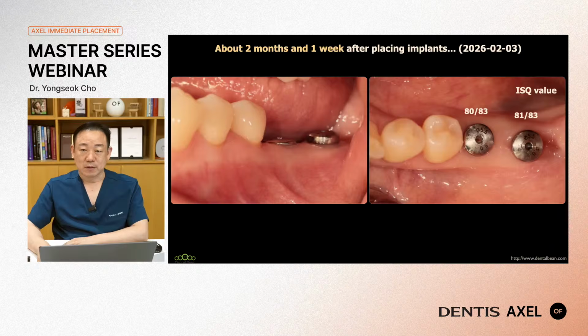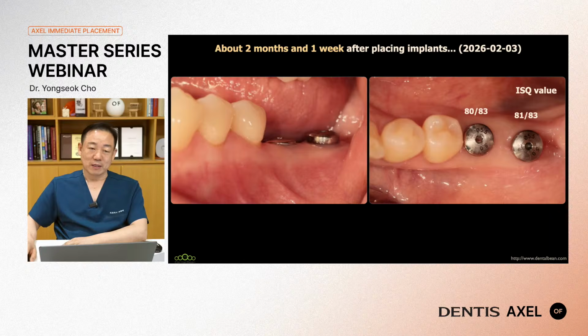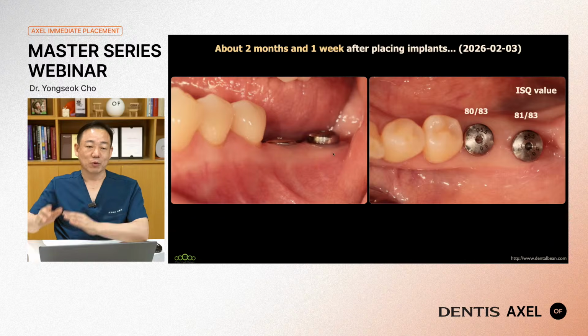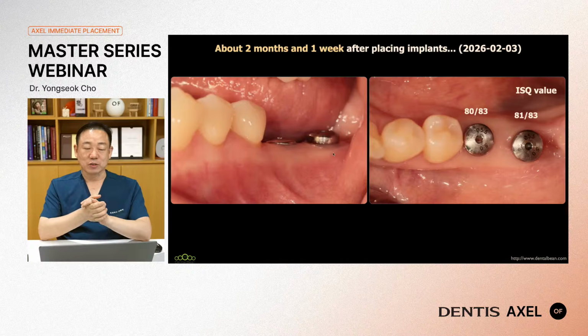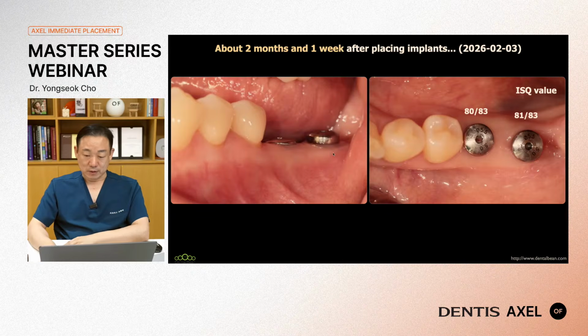Okay, now it is healed condition. ISQ value good. Final depth of implant looks 4.5 at number 6 and about 3.5 at number 7. Okay, number 7, but 3.5 not bad. When position and angulation are good, it is not bad.